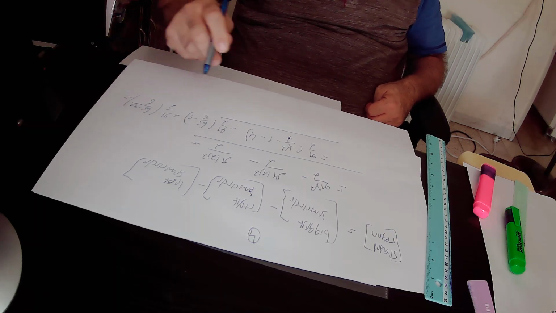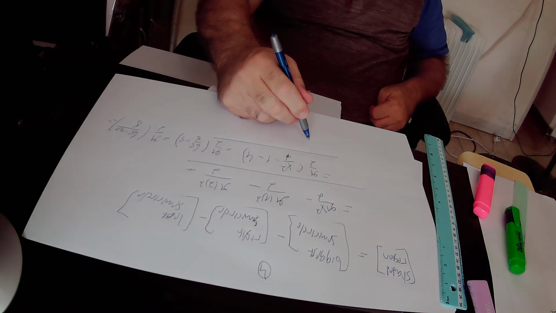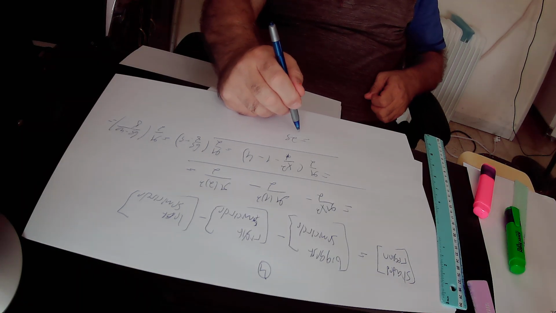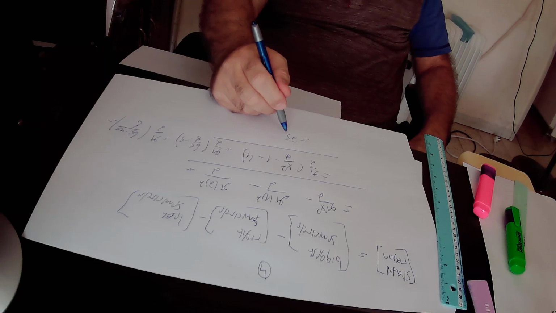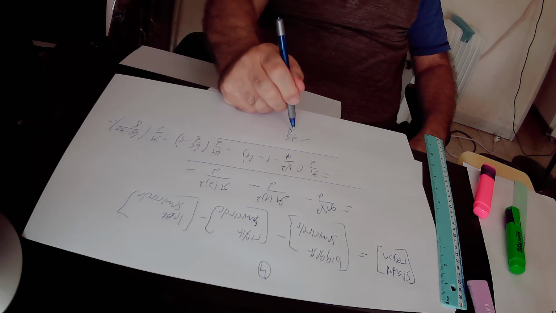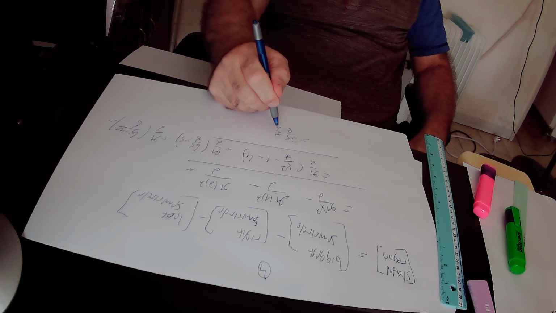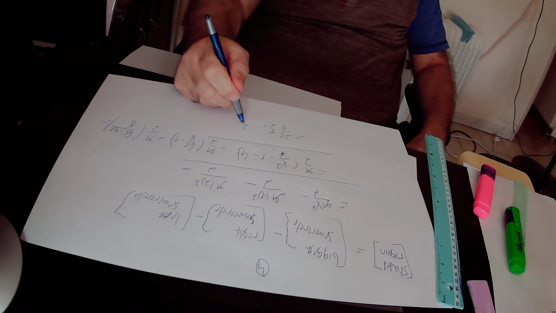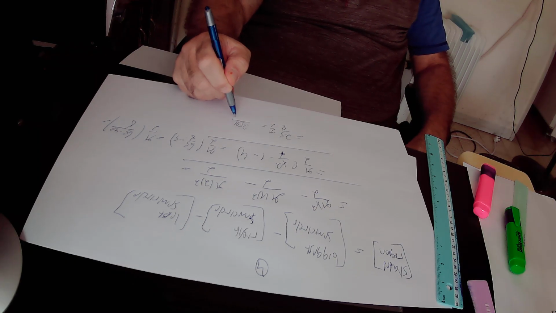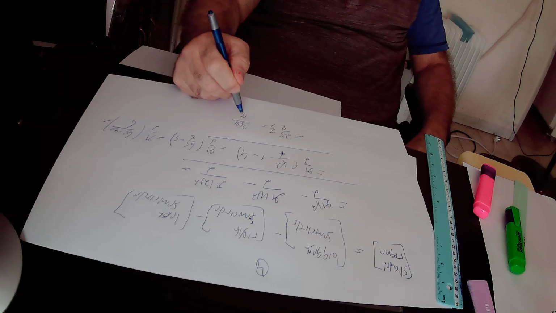So 65 minus 40 is 25 over 8, times pi over 2. In the numerator we have 25 pi, in the denominator we have 2 times 8, which is 16.